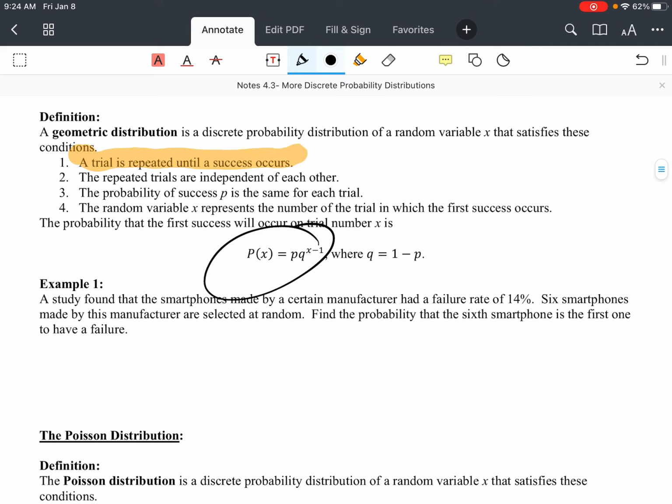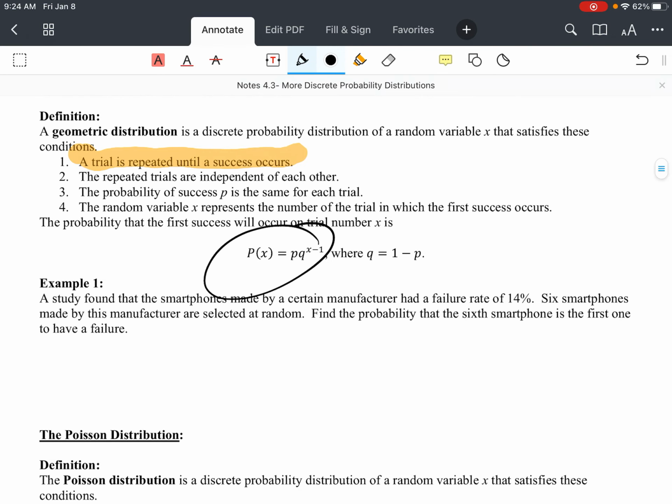All right, so we have this equation. Let's go ahead and perform an example. Example 1: a study found that the smartphones made by a certain manufacturer have about a 14% failure rate. Six smartphones made by this manufacturer are selected at random. We want to find the probability that the 6th smartphone is the first one to have a failure. So we need to know what p is, q is, and what x is.